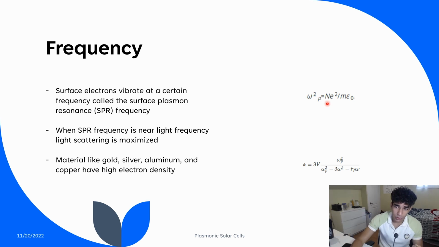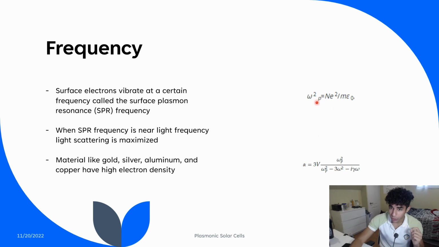And so we have to choose materials that have a high density of free electrons. These materials include gold, silver, aluminum, and copper. The more popular choices are gold and silver because they're more reliable. They maintain their properties over time, so they don't have to be replaced as often, and they can withstand the test of time.